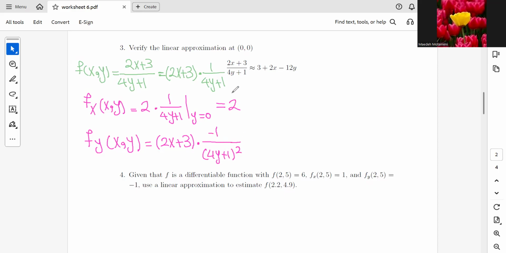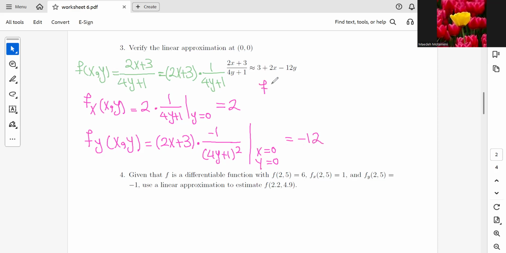You can find it using the quotient rule, or you can write it as (4y plus 1) to the power negative 1 and use the chain rule for that. Either is fine and you would get the same answer if you do it correctly. So plugging in x and y as 0, we get negative 12 here.